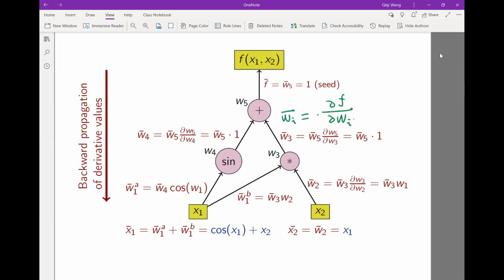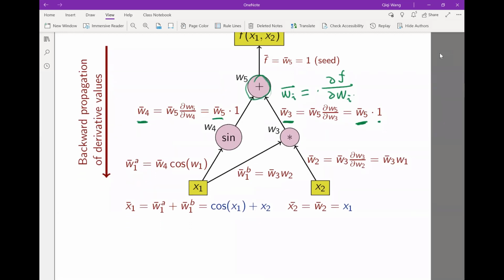This chain rule propagates the derivatives backward through the chain of calculations. So in this case, the partial derivative of the plus is equal to 1. So the derivative with respect to W3 is equal to the derivative with respect to W5, the output, times 1. Also, the derivative with respect to W4 is the derivative with respect to W5 times 1.